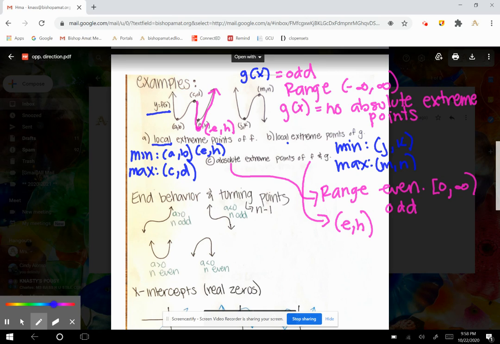Now, in order to state that EH is the absolute minimum point, remember the minimum is the y of our vertex. So if our vertex is EH here, y is our minimum value.